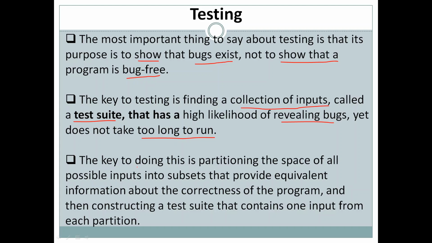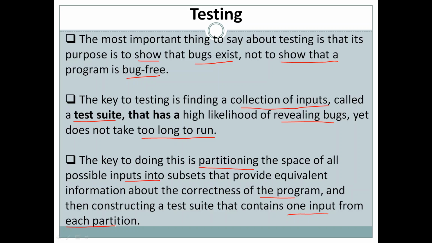The key to doing this is partitioning the space of all possible inputs into subsets that provide equivalent information about the correctness of the program, and constructing a test suite that contains one input from each partition.